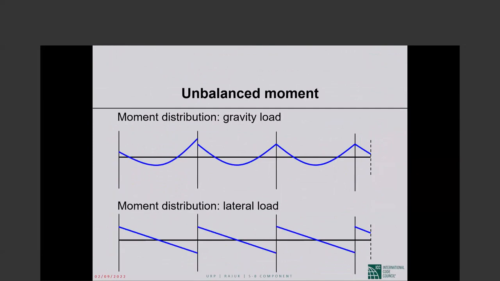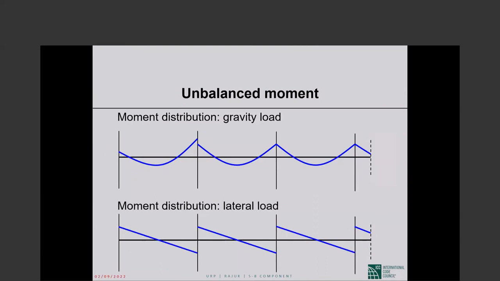I have shown you this picture probably multiple times. The gravity loads cause this type of a moment distribution. The lateral loads due to earthquakes cause this type of a moment distribution.